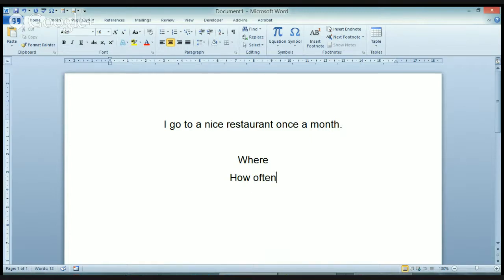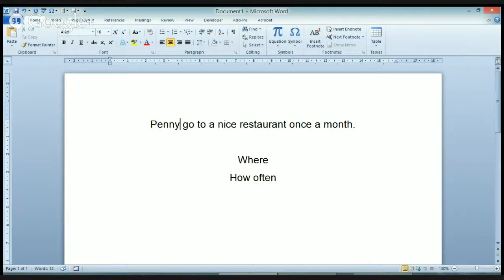We made the collocation just from the word restaurant. We had a verb first, an adjective, subject. You know, what would happen if we change the subject? Not I, but this person, Penny.